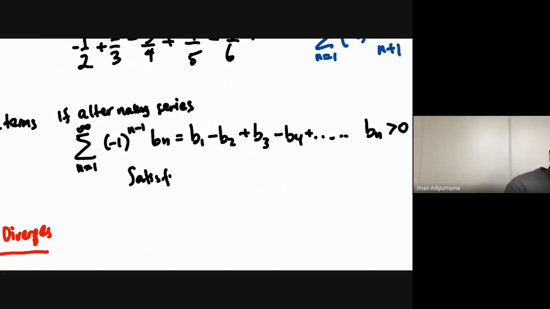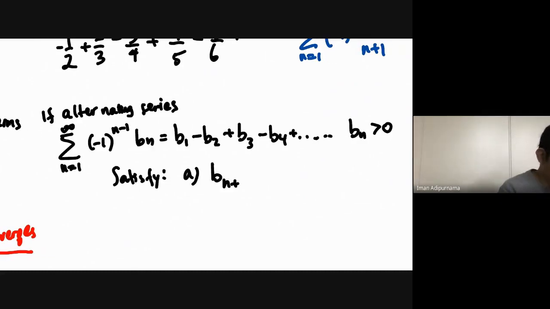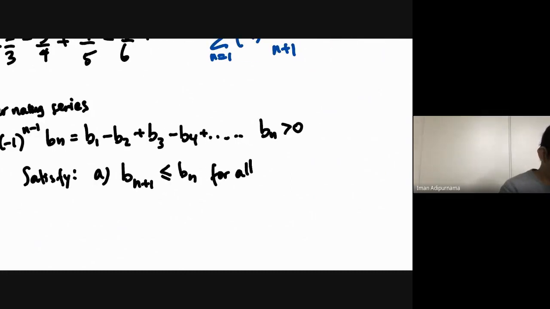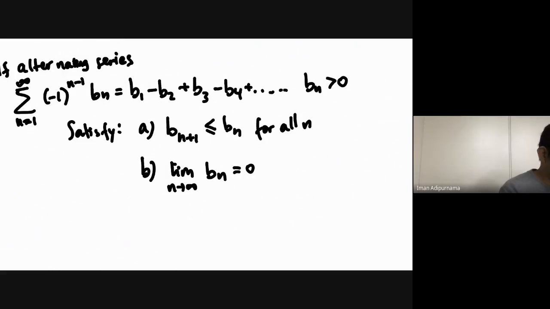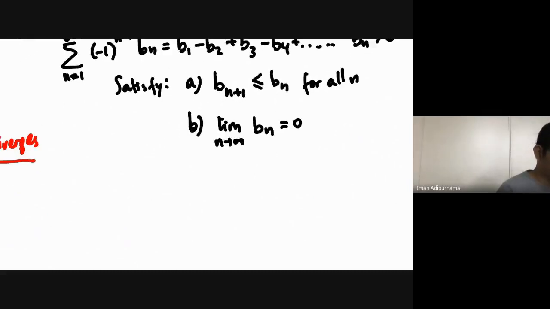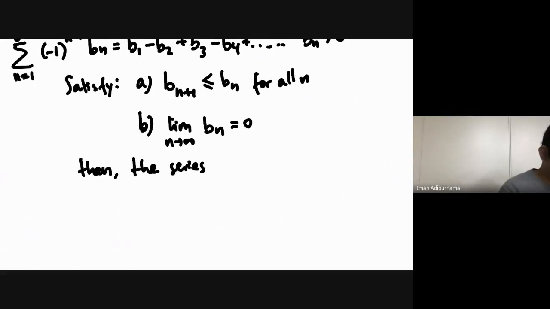If this satisfies, first, b(n+1) is less than bn for all n, and second, if the limit of bn is equal to 0, then the series is convergent.